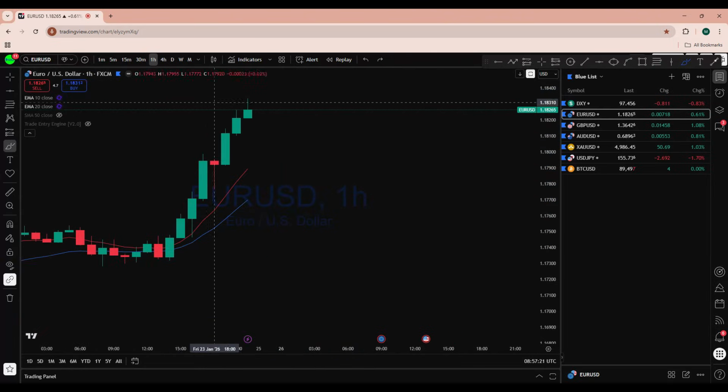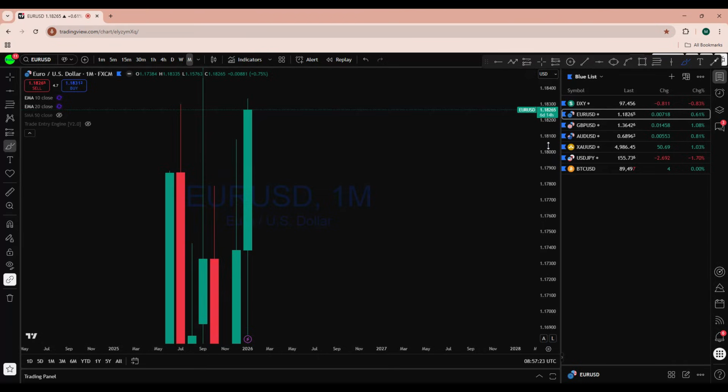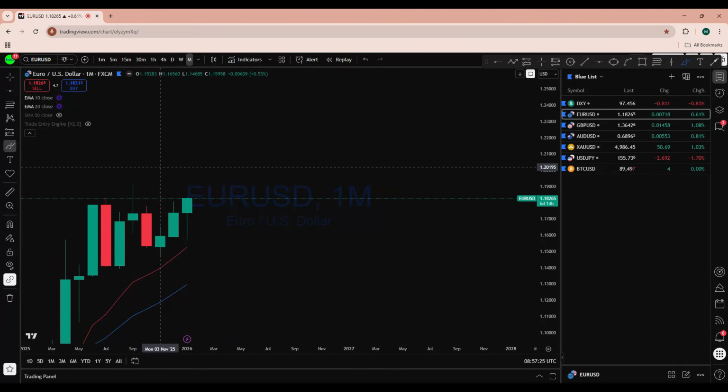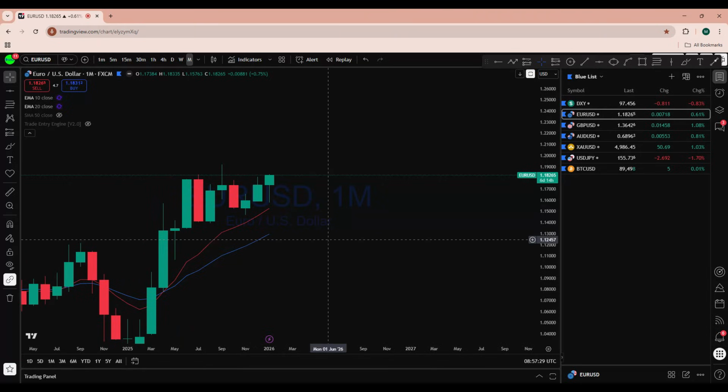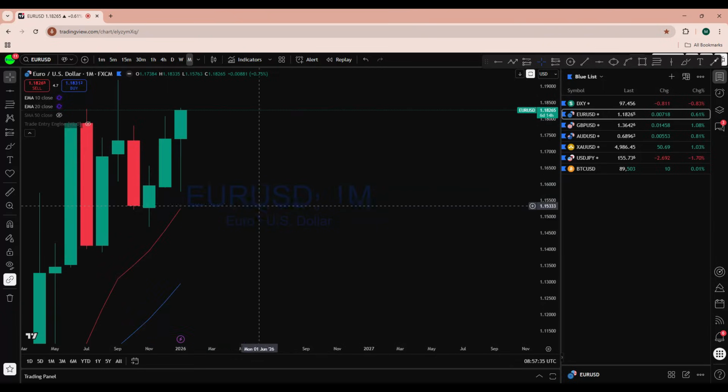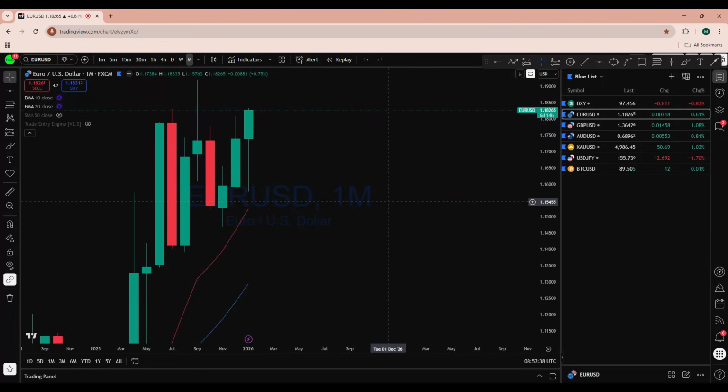Now, looking first of all at a monthly chart to see where the price is heading on EUR/USD, we can see that, like the DXY, EUR/USD has a little added advantage on crossing the previous monthly low and bouncing off the monthly high.